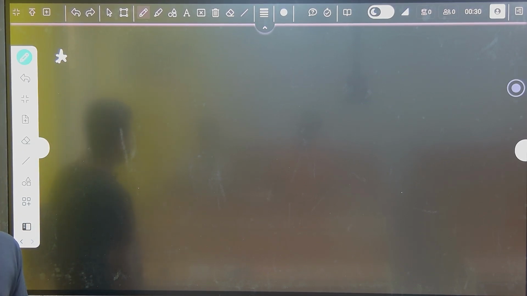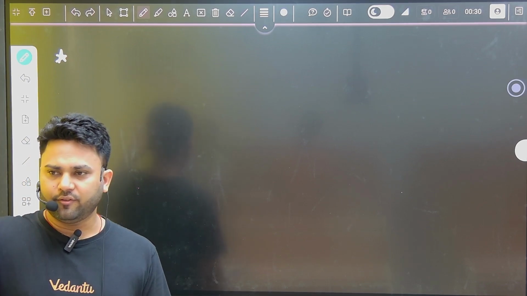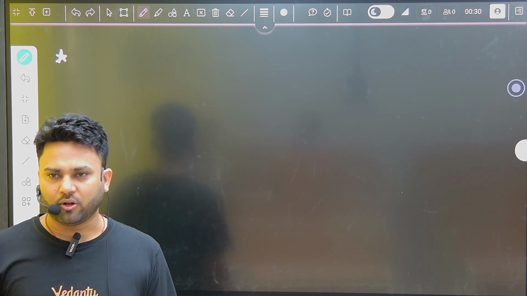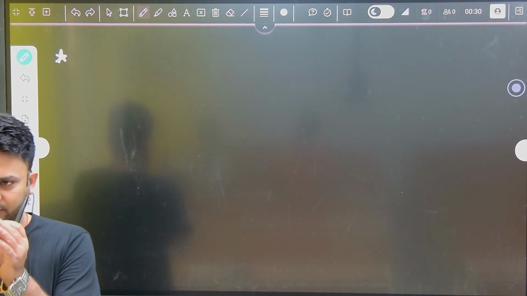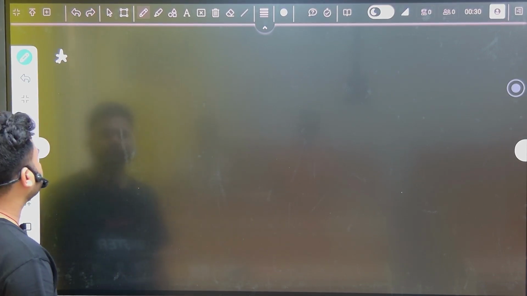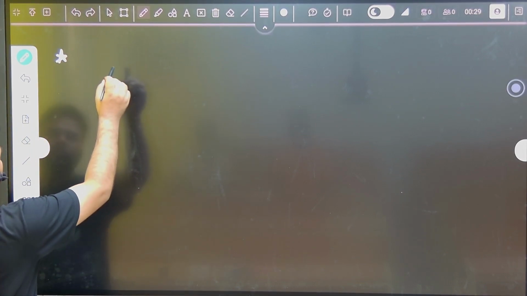We are taking the case of volumetric stress. If there is a football inside a fluid, the fluid will exert pressure from all the sides. So what will happen? Its size will decrease.